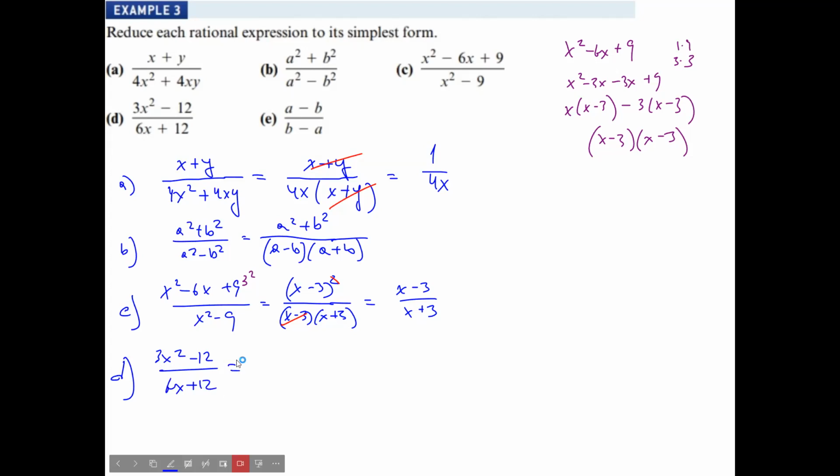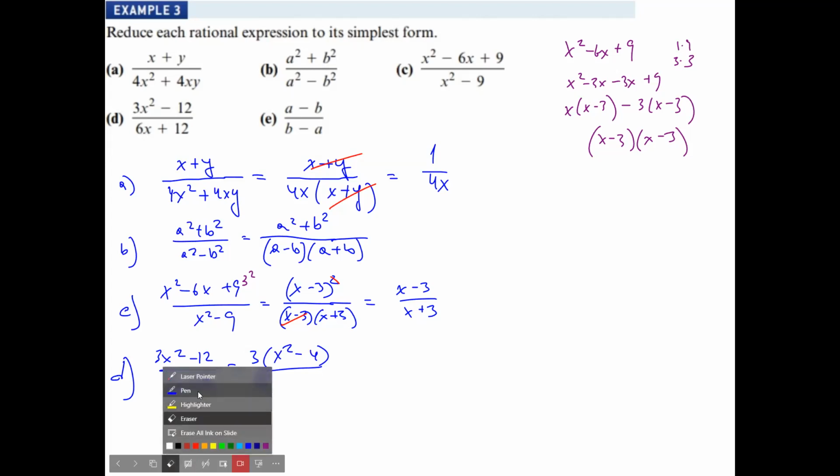What I can do here, I can take 3 outside, x squared minus 4. Here I can take 6 outside, and I have x plus 4, x plus 2, right?